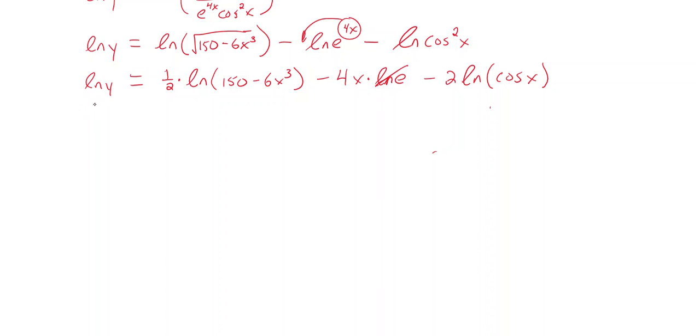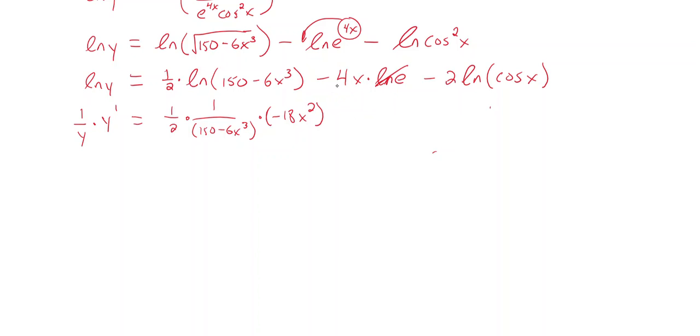This becomes 1 over y times y prime, just implicit differentiation with the y term, is equal to 1 over 2 times, and the derivative of natural log is going to be 1 over the argument, so 150 minus 6x cubed, and then times the derivative of the inside. In this case, bring the 3 down, we've got negative 18x squared.